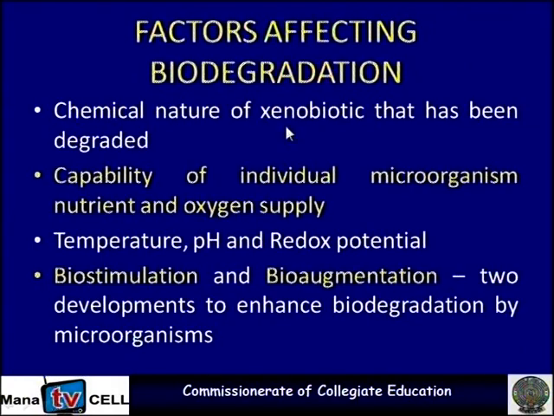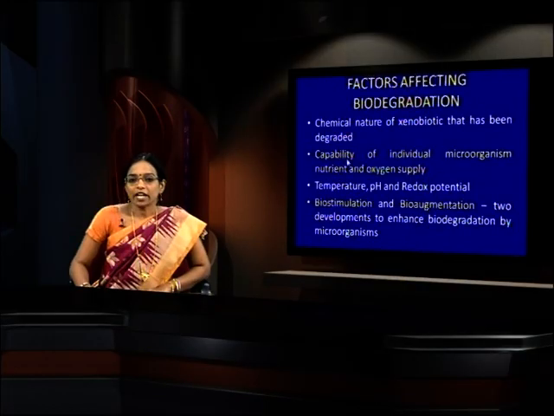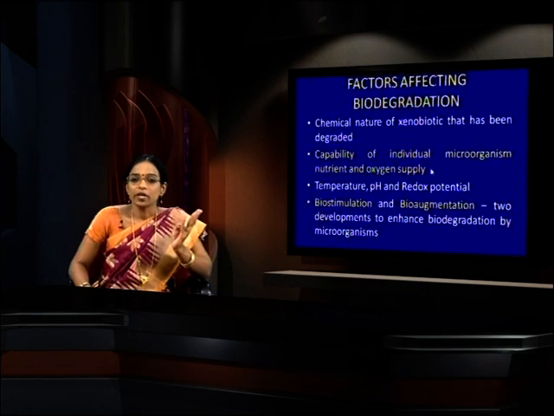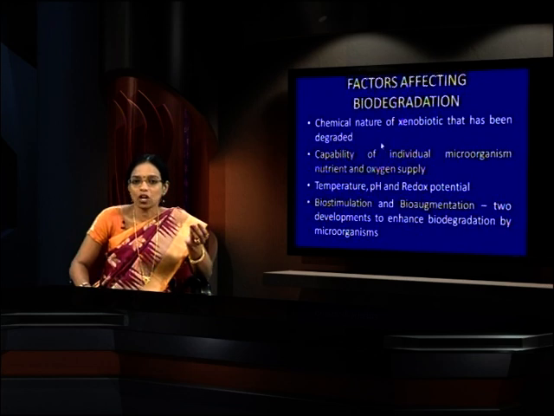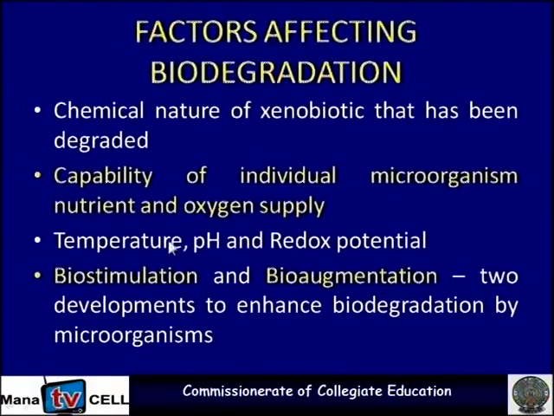One is the chemical nature of that component or pollutant, and second one is the individual organism, nutrient and oxygen supply. In order to grow, that particular organism requires nutrient and oxygen supply. So, it also depends on the nutrient and oxygen supply of that microorganism, and the temperature levels, pH levels and redox potential levels are also taken into consideration.